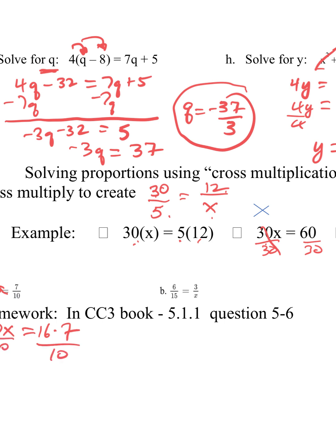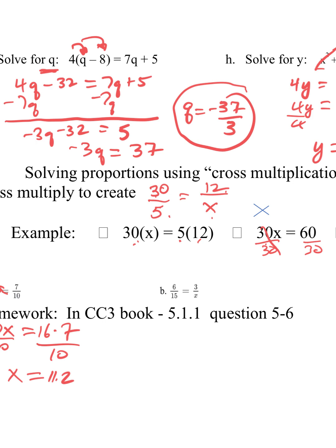After you multiply the top, divide that by 10, you're going to get x is equal to, what's 16 times 7? 16 times 7 equals 112. And you move it 1 decimal place, so it'd be 11.2. Okay? So that's what you should get for that one. That's A. And B, cross multiply.